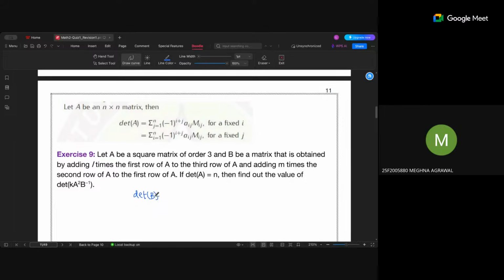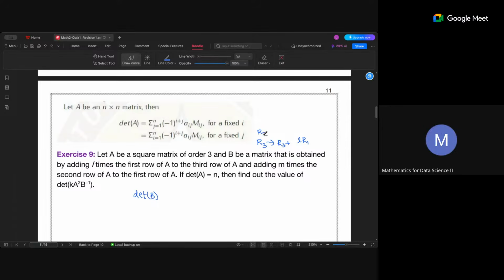It should be the same. Yes, because first we are adding L times the first row of A to the third row of A and adding M times the second row of A to the first row of A. So R3 is replaced with R3 plus L R1.